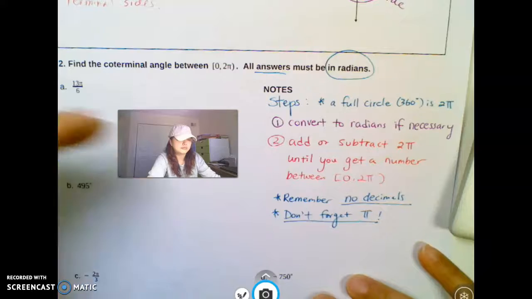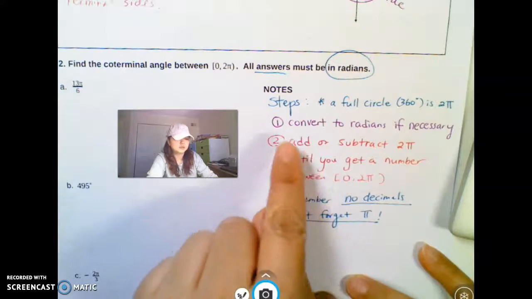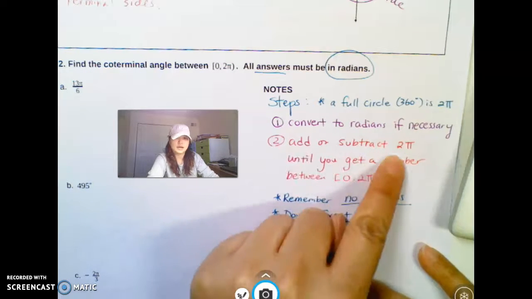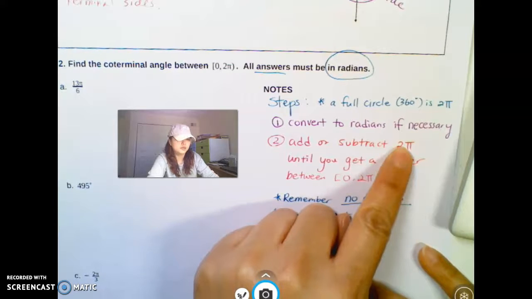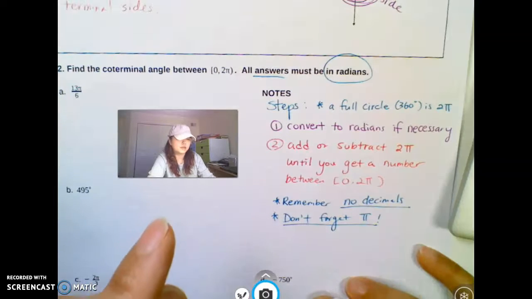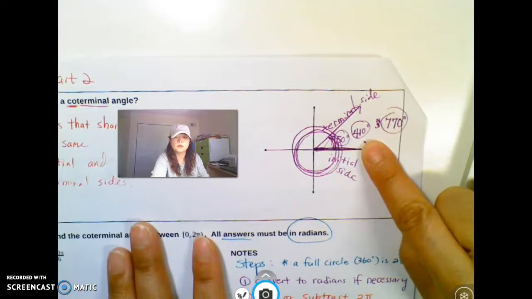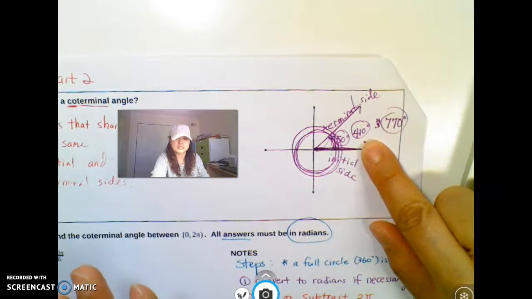Number 2, now we're going around the whole circle. I know it says add or subtract 2 pi, which is the whole circle, but this is what we mean by it. If we're starting with something that is too big, like let's say we start with 410, then you want to subtract 360 to get to the coterminal angle.